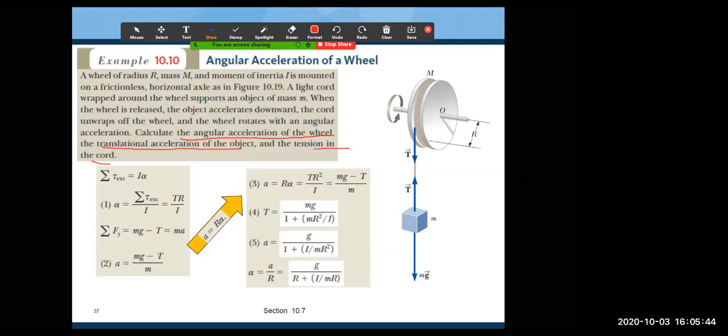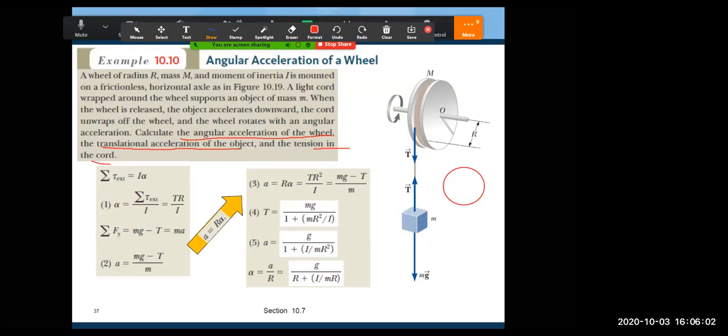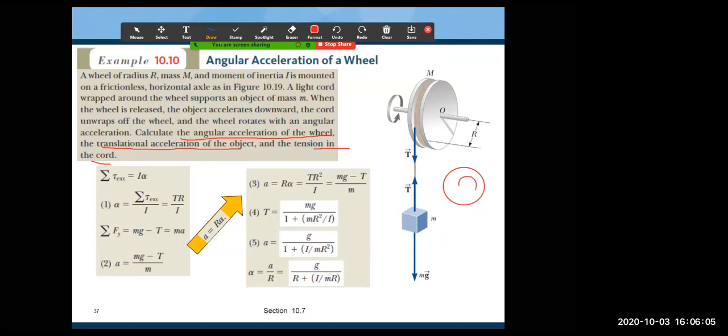Let us try to understand the whole thing. Basically, you have two objects here. You have a disc or the wheel, and it would be rotating, in this case, in the clockwise sense, if you look at it along this direction. So why is it rotating? It is because you have a string attached to it, and the string is giving tension. So it would be receiving a torque due to the tension in the string.